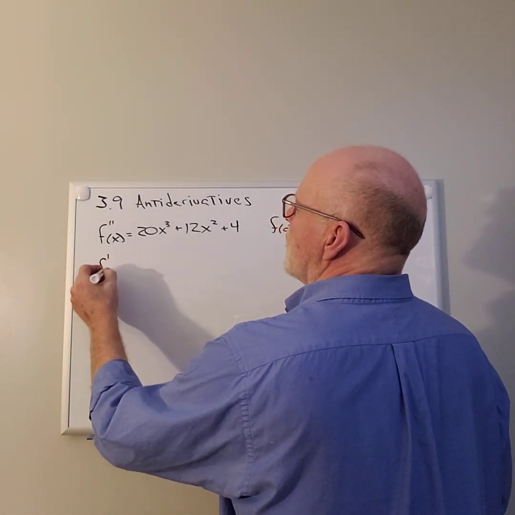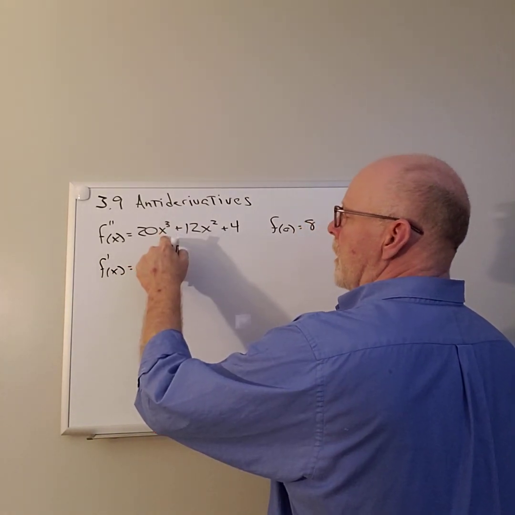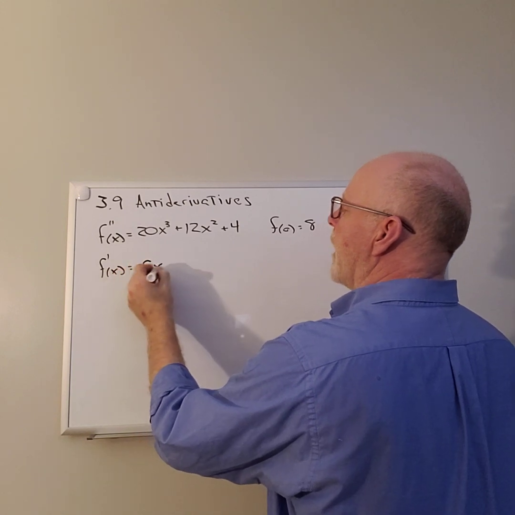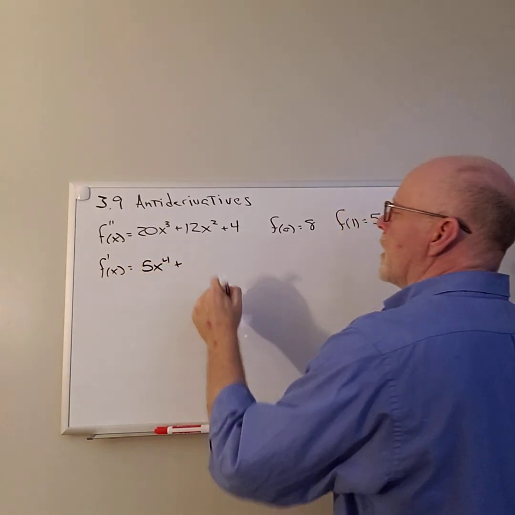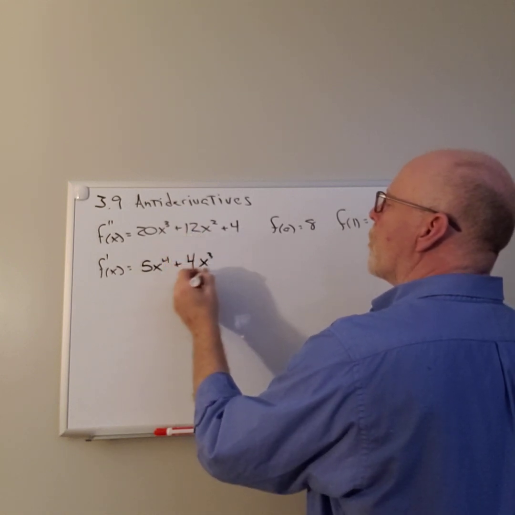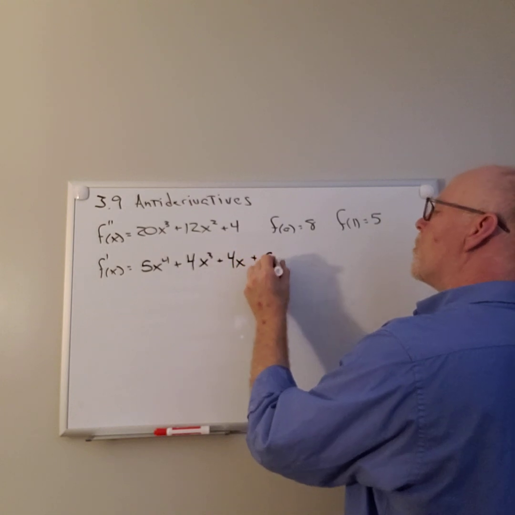Our first derivative here, right, we're starting with second derivative, is going to be x to the 4th divided by 4, so that'll be 5x to the 4th, plus that'll be x to the 3rd. Divide that by 3, we get 4, plus 4x, plus c.